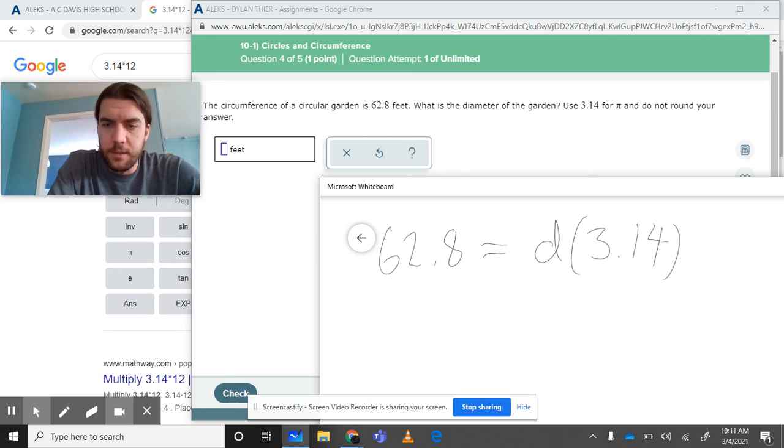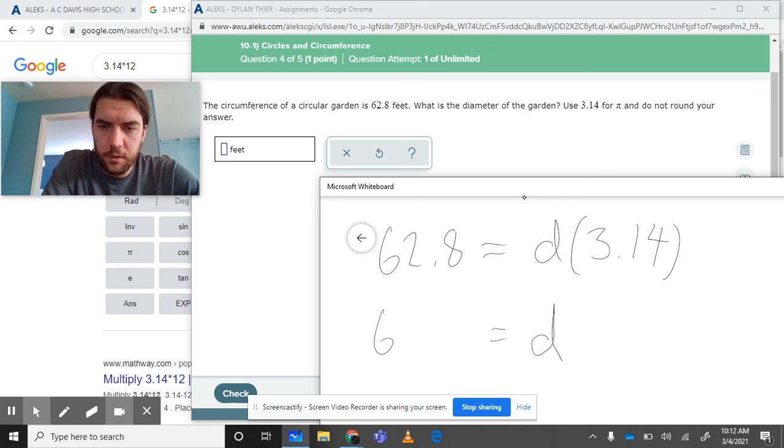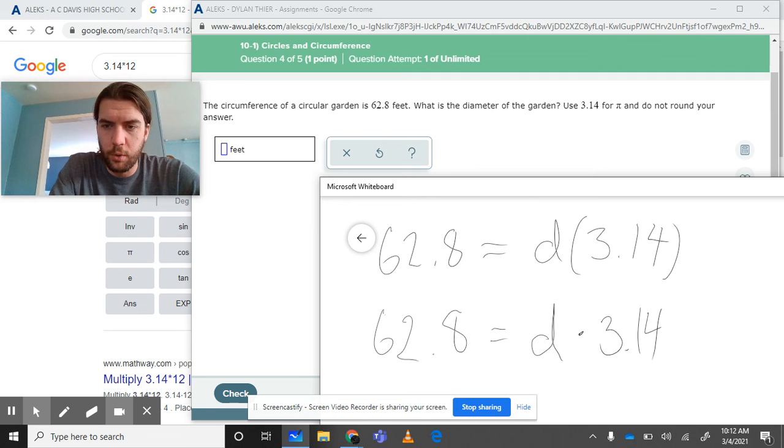Okay, what we need to do to get d by itself, kind of a simple algebra step here, is if d is being multiplied by 3.14 right now, there are 3.14 of these d's, then in order to undo that, we would have to divide by 3.14.